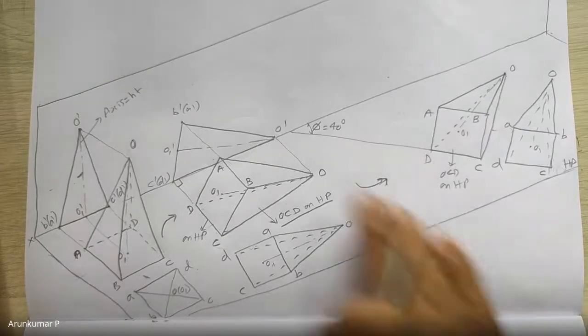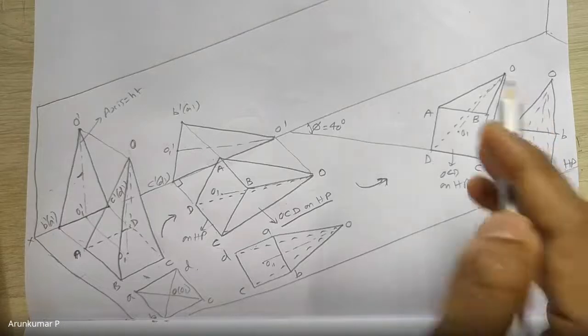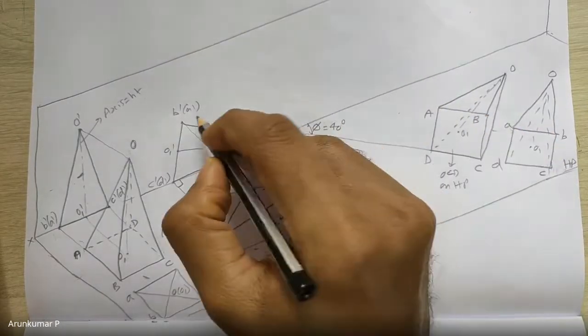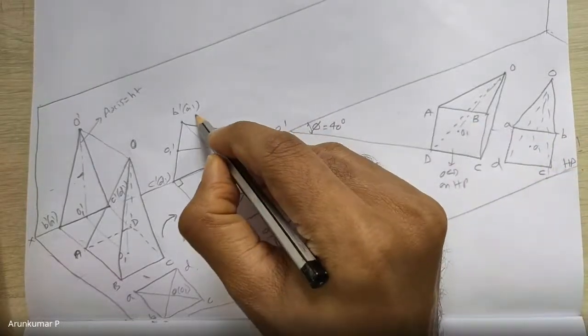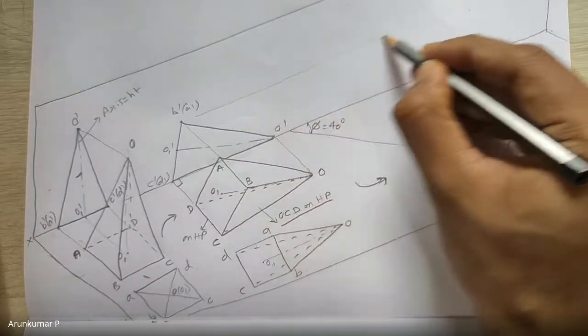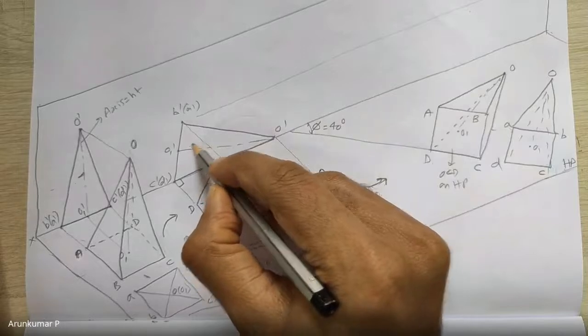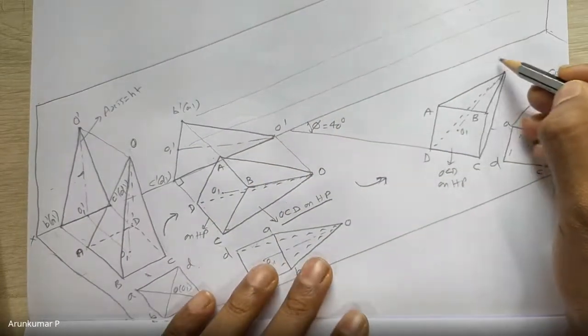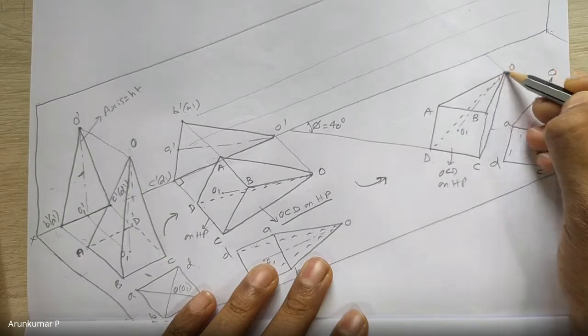this is your final top view. The final front view is interesting. Okay, so please observe how you get the final front view. So of course the projection lines from the front view will help us, and also the projection lines from the top view.